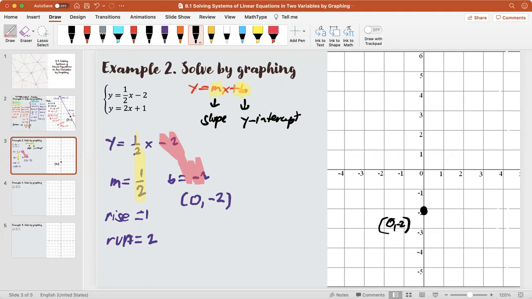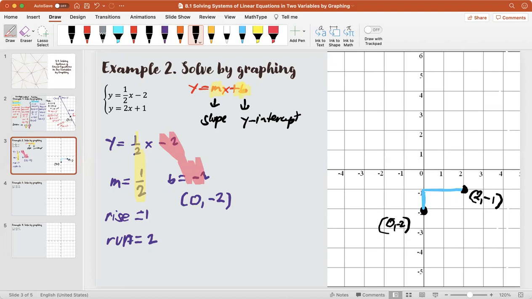Then we use our rise over run to locate another point. Starting from 0, -2, your rise is positive, so we move up 1 unit. How about your run? It's gonna be 2, right? So 1, 2, that's another point, and we can put the coordinates of that point to be 2, -1.